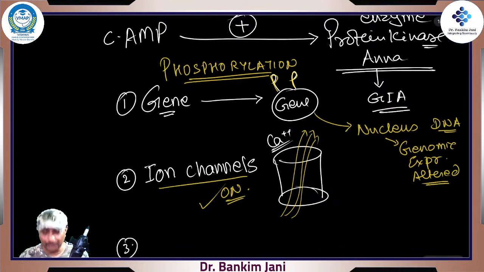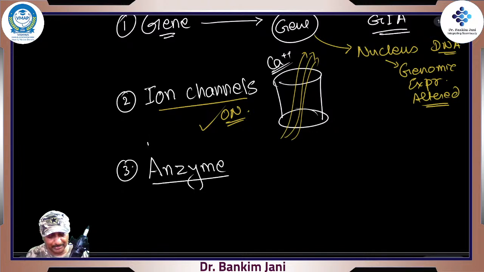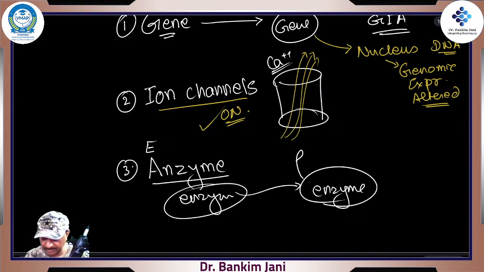This we have made for our convenience. So here we'll write enzyme. I know this is an incorrect spelling, but that's how I remembered. So again, because of phosphorylation, the enzyme which was sitting silently, not doing anything, is now an active enzyme.